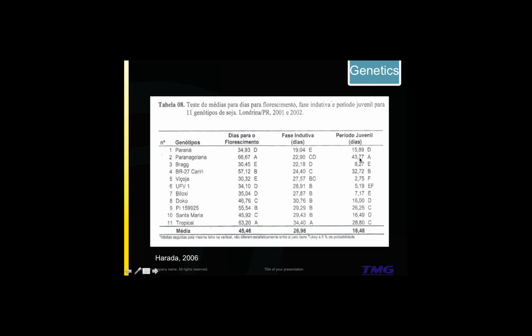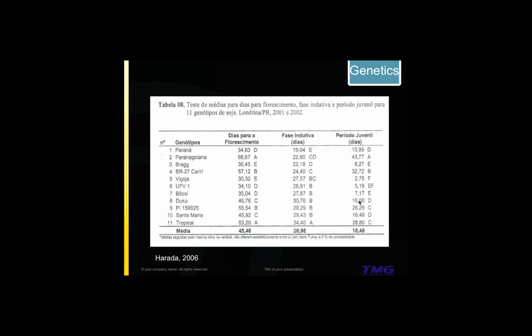So one can find different genotypes with different amounts of juvenile period, and essentially they may be either different alleles of the same locus, or different loci. The genetics that we try to keep practical.